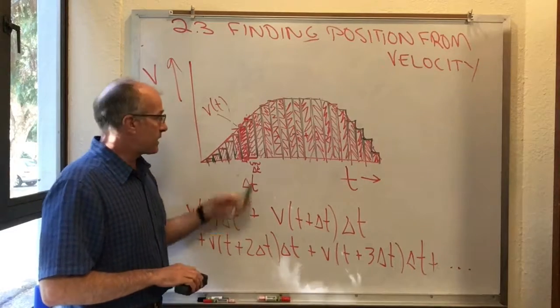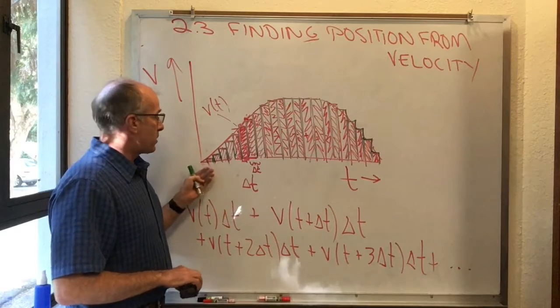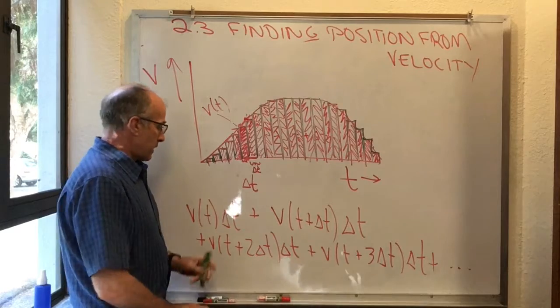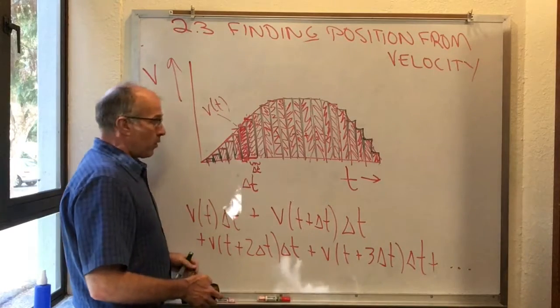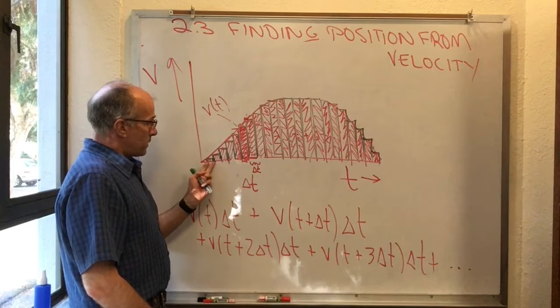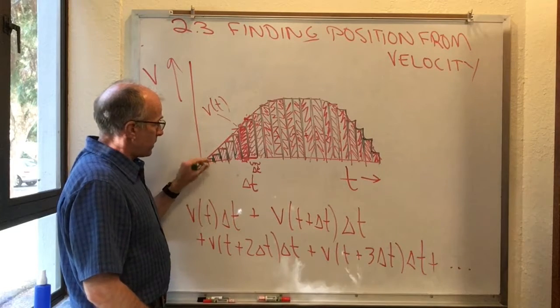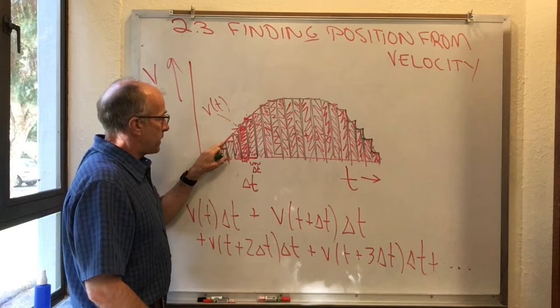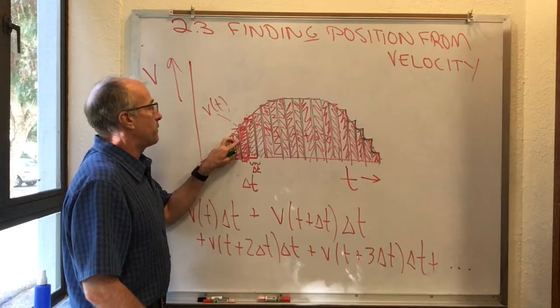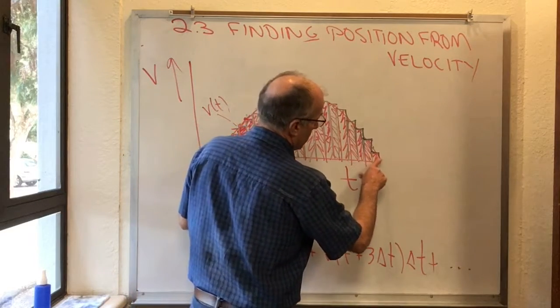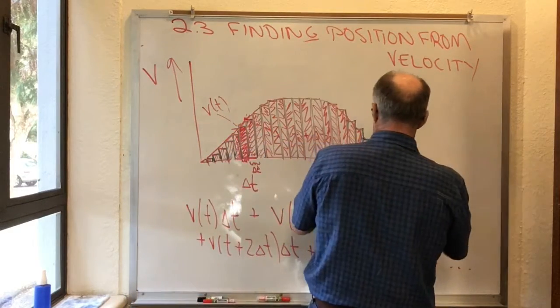So now I've sliced this thing into ribbons all the way from the beginning to the end. And we can ask ourselves, how far did this person go in this time? Well, they went this speed right here for delta t, then they went this speed for delta t, and this speed for delta t, and this speed for delta t, etc., all the way till they went this speed for delta t.